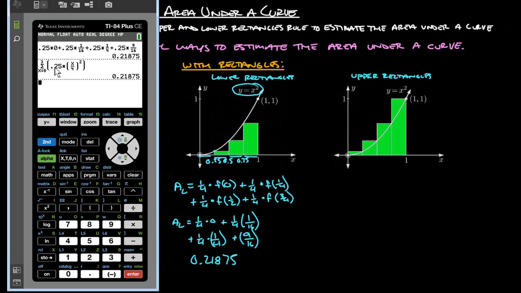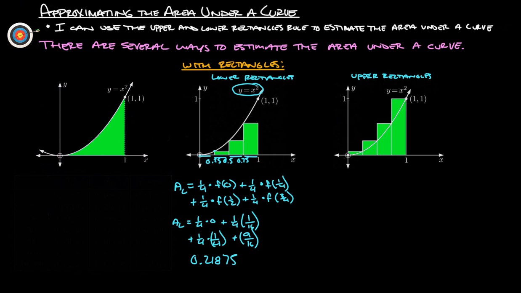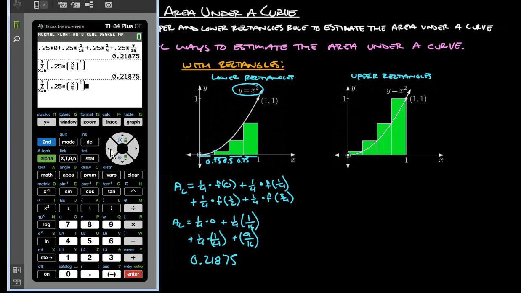So it's really going to be the same exact equation, except to do the upper rectangles, instead of starting at 0, we're going to start with 1. So we're just going to go back over here and change it to 1 to 4 instead of 0 to 3, right?